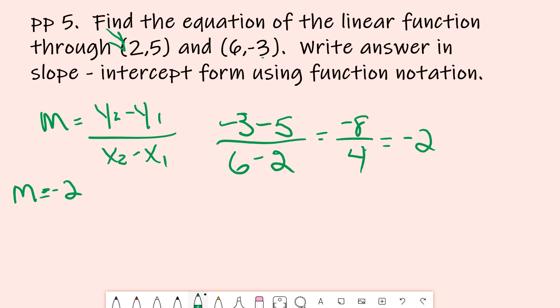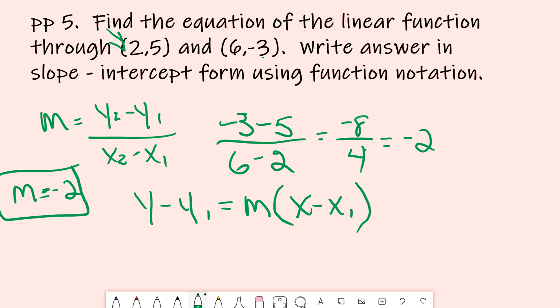All right, so I'm going to use my y minus y1 equals the slope m times x minus x1. And I'm going to plug that in using slope of m equals negative 2, and I'm going to use the point 2, 5.